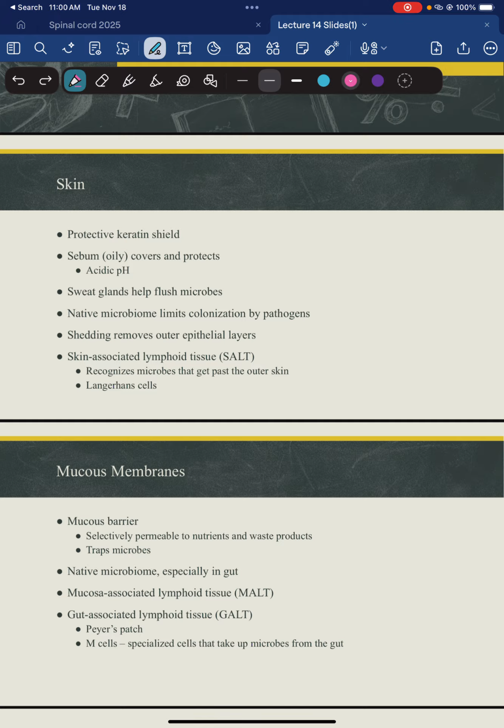We have flushing mechanisms of our skin that we've talked about. So sweat glands not only provide moisture and salt on the skin, it also acts as a flushing mechanism to get rid of things. Our outer layer of epithelial cells on our skin will shed after they mature, so you get sloughing off of the skin cells.